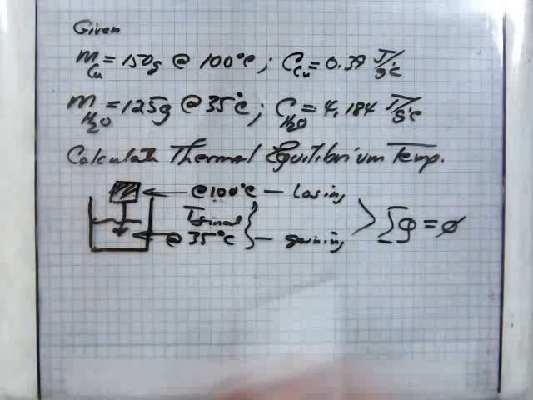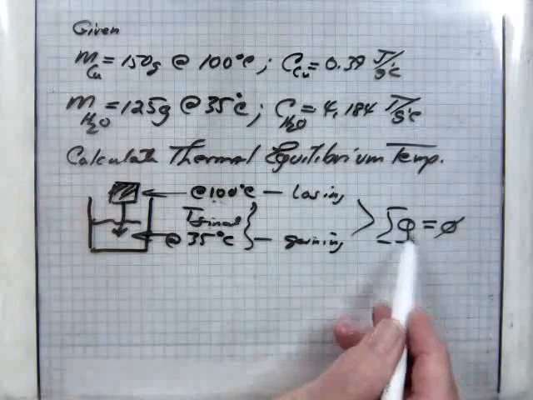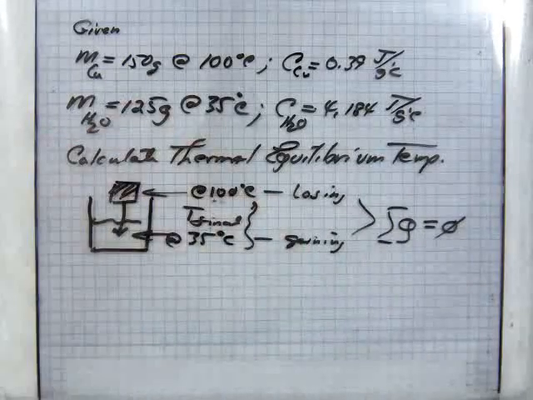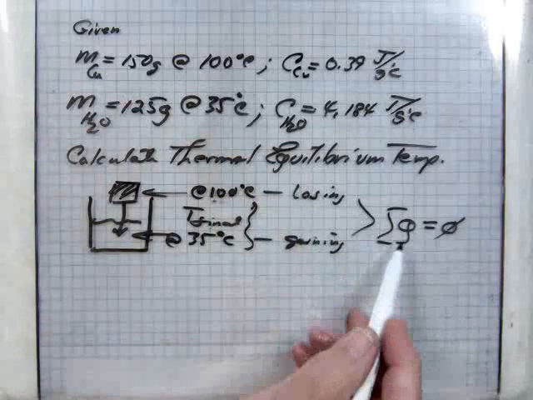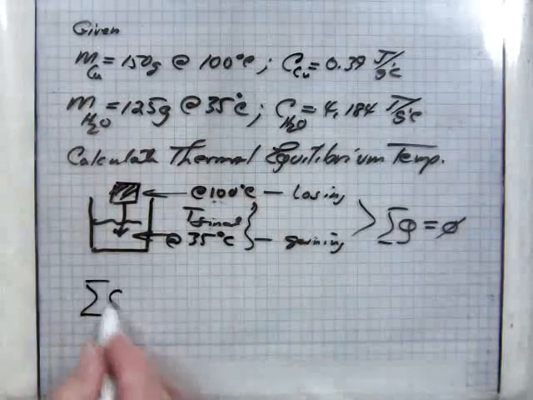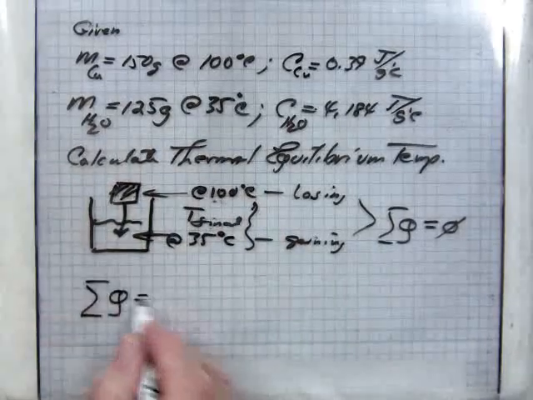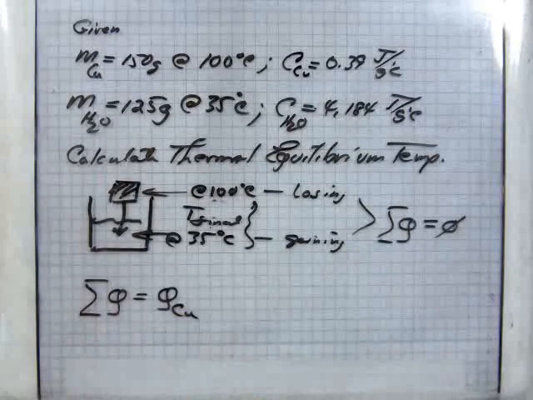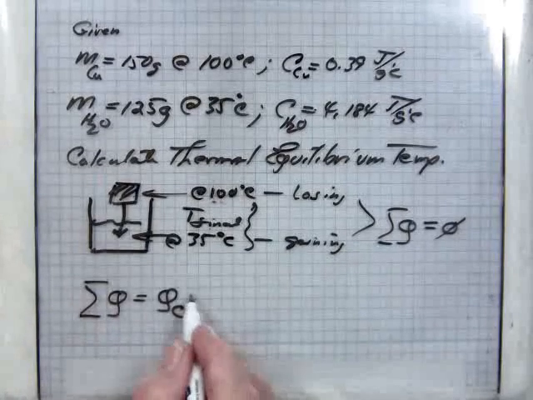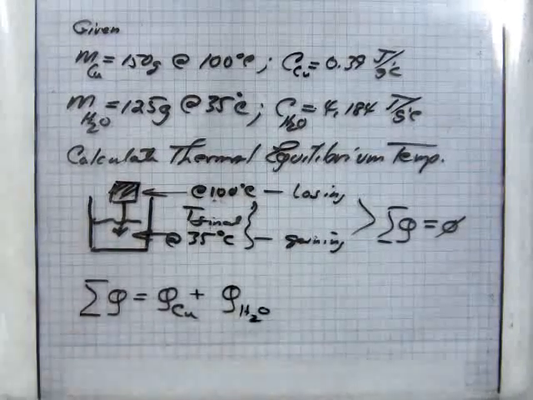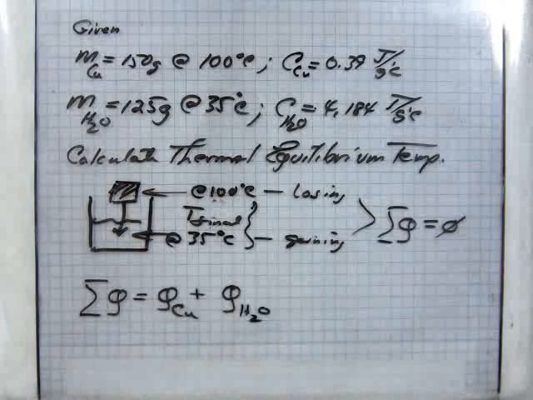So this equation, as simple as it looks, when you have mixing of items like this, you can use the sum of all heat changes. Well, what's happening? The sum of all the energy changes is Q for the copper, plus the energy change of the water, the solvent water that you dropped it into.